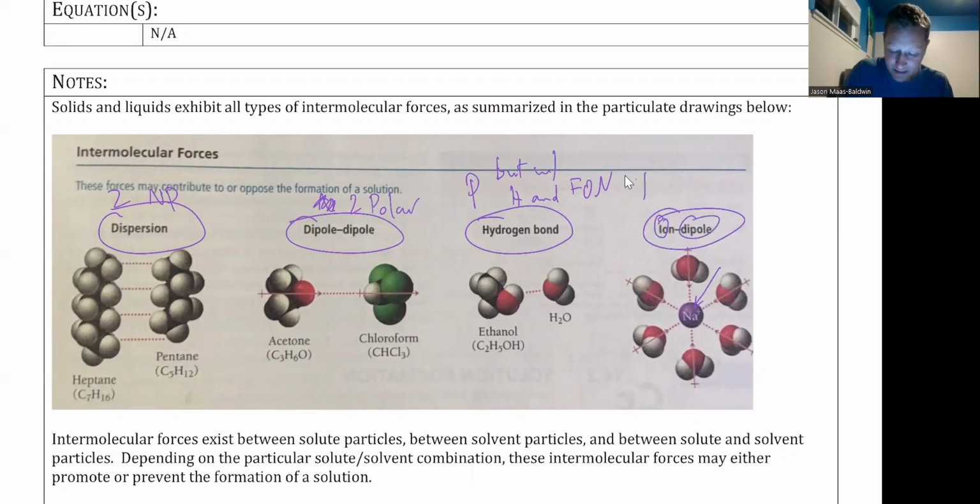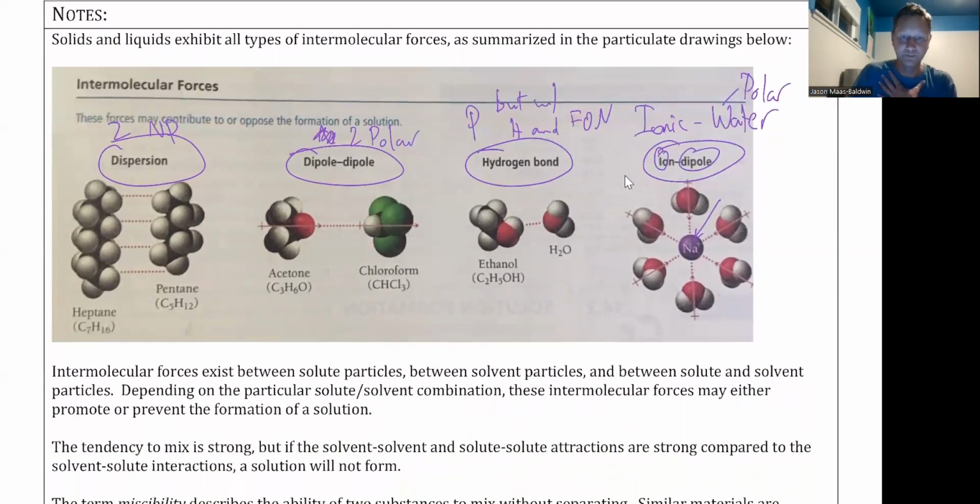That's when you have some ionic substance dissolved in, I'm going to put water here, because 99% of the time it's water, but it could be any polar solvent. And just as a reminder, the solute is the thing that there's less of in a solution, and the solvent is the thing that there's more of in a solution.